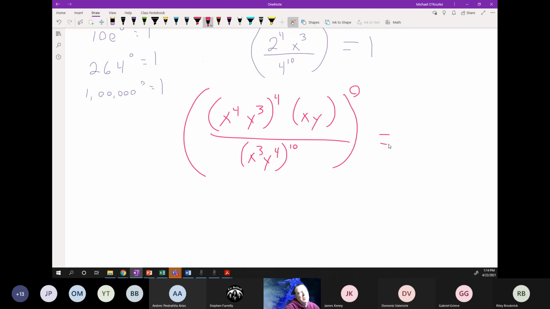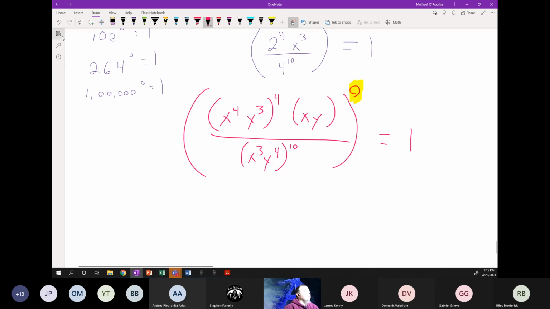But can anyone tell me what the answer is? 1. That'd be 1. Yep. Because no matter what number is in there, it's to the power of 0, which is going to equal 1.